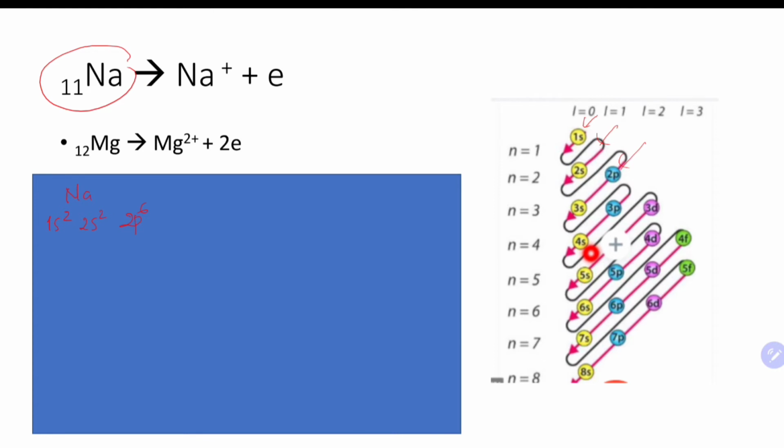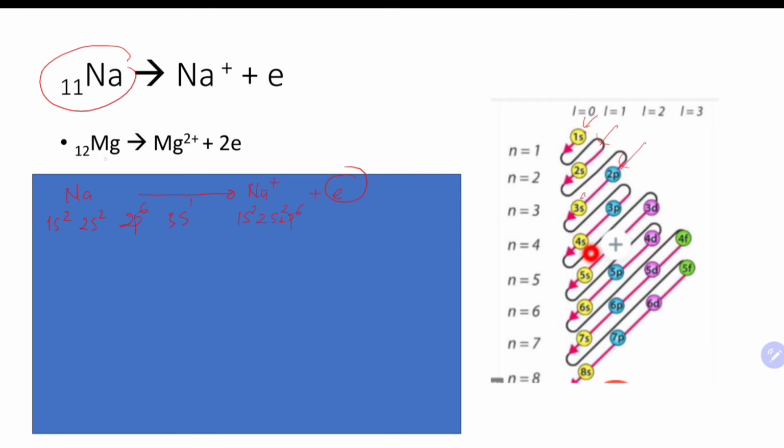Then continue after 2p with 3s1. But when sodium forms a positive 1 ion by releasing 1 electron, the configuration becomes 1s2, 2s2, 2p6, because 1 electron leaves the atom.